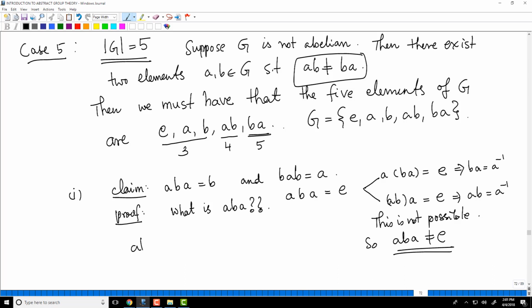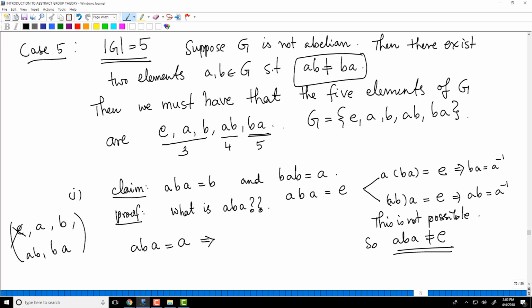ABA has 5 possibilities: E, A, B, AB, BA. It has no choice, it has to be one of these 5 elements. I have concluded it can't be E.